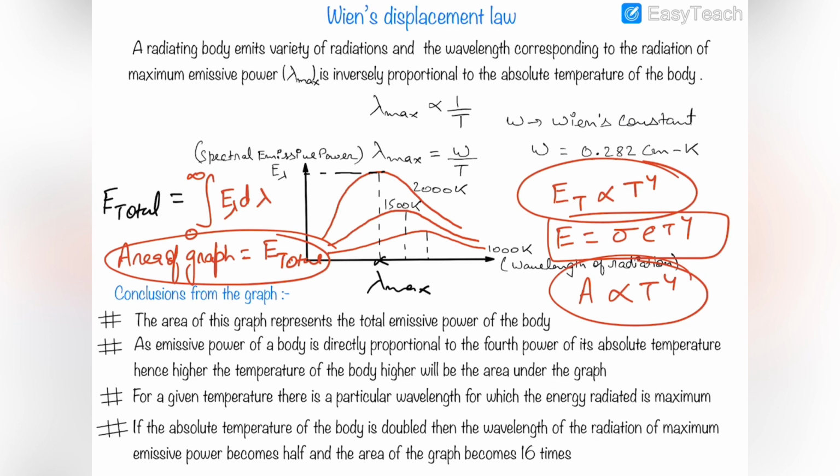So this is Wien's displacement law, and in the next video we'll discuss the solar constant, which is a very important factor, and we'll use that in calculation of the sun's temperature.